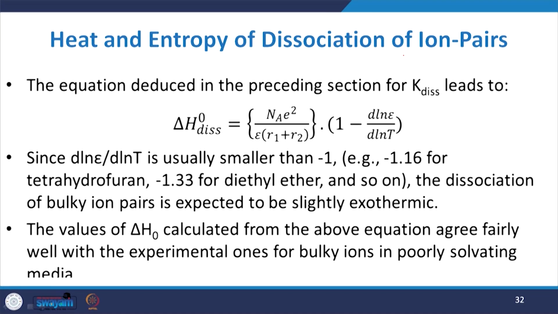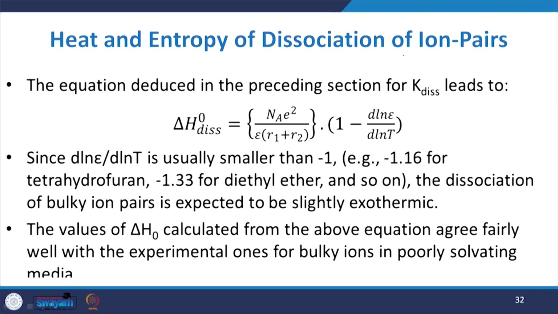From the equation deduced in the preceding section, the K dissociation leads to the standard delta H of dissociation, equal to N A e square upon epsilon, R1 plus R2, into 1 minus d ln epsilon upon d ln T. Since d ln epsilon over d ln T is usually smaller than minus 1, sometimes minus 1.16 for tetrahydrofuran and minus 1.33 for diethyl ether and so on, the dissociation of bulky ion pairs is expected to be slightly exothermic.